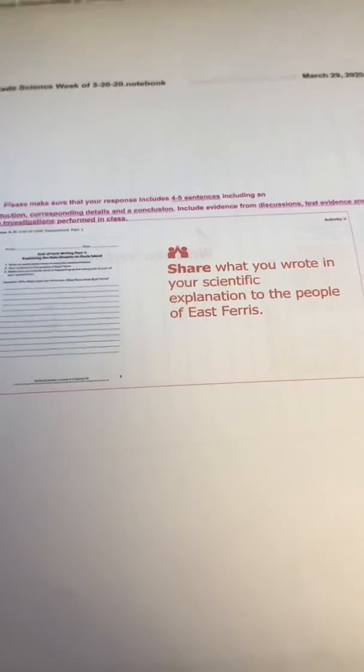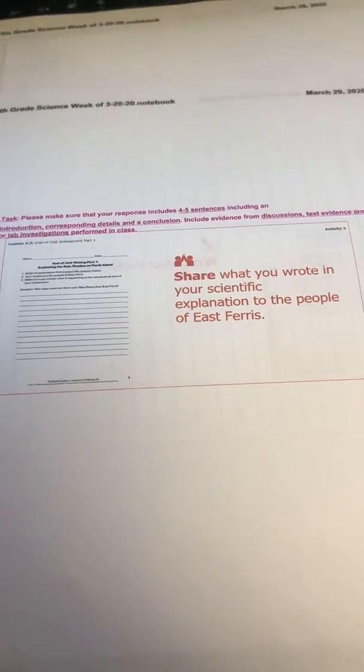Okay. Let's see. Bear with me, boys and girls. Just going through all of the sheets that I submitted to you on Google Classroom tonight. Make sure you write your explanation. It's highlighted there. Share what you wrote in your scientific explanation to the people of East Ferris.